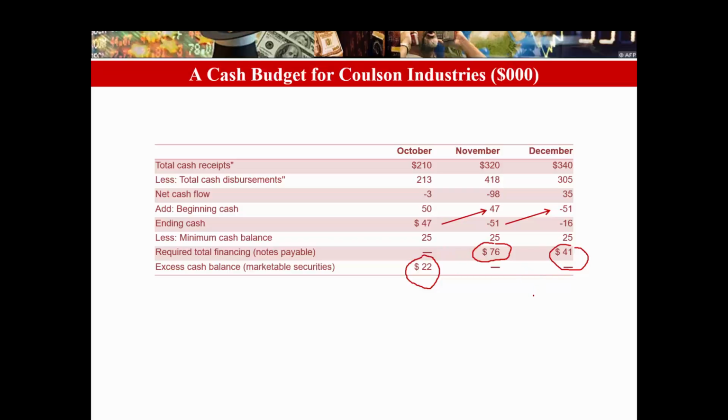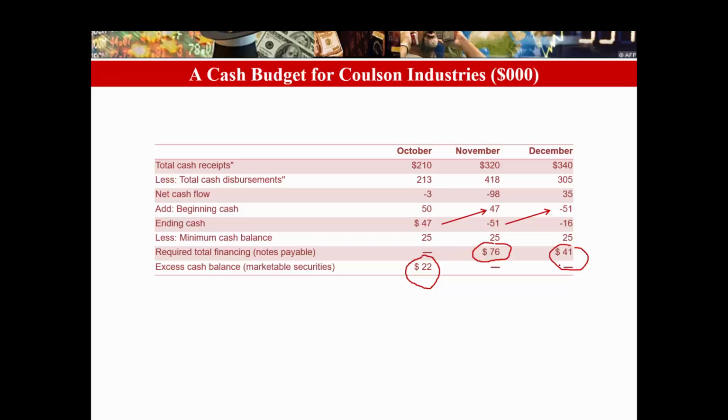If we arrange a sort of revolving line of credit, we will be able to pay back the amount that we do not use. For instance, we peak in November with $76,000, and then we pay off some of it because we have some extra cash that comes in, and our bank balance declines to $41,000.